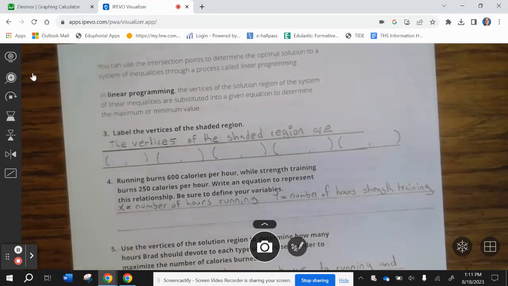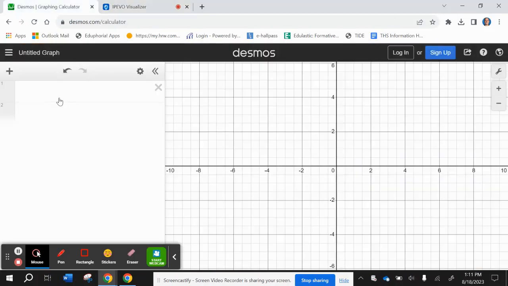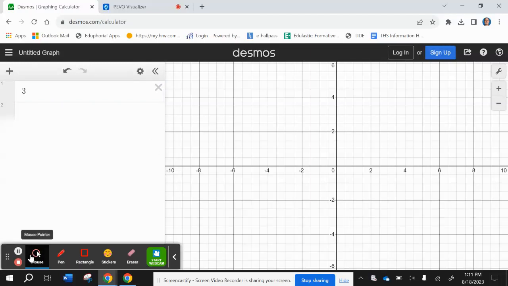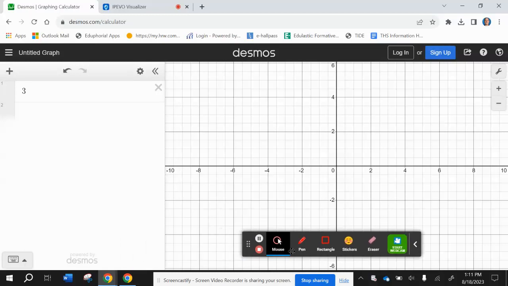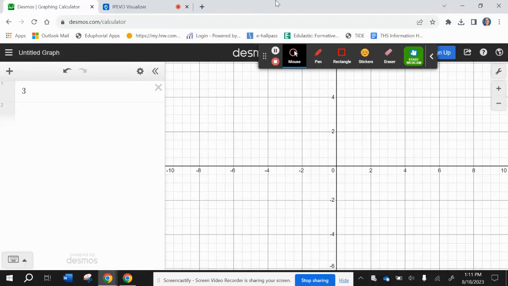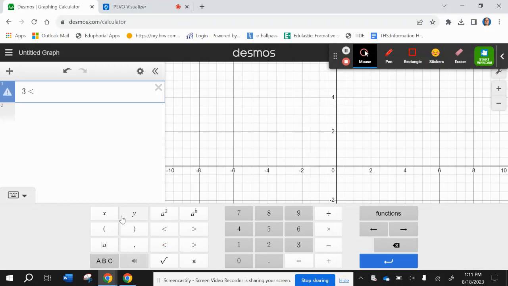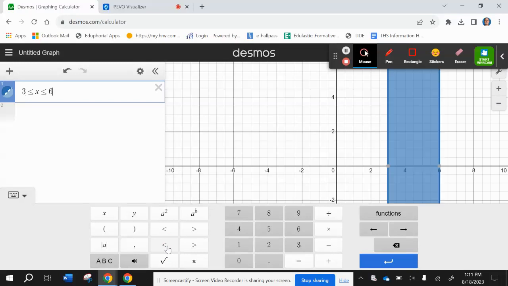Now to do that, let's go ahead and graph this in Desmos, okay? So 3 is less than or equal to x, less than or equal to 6.